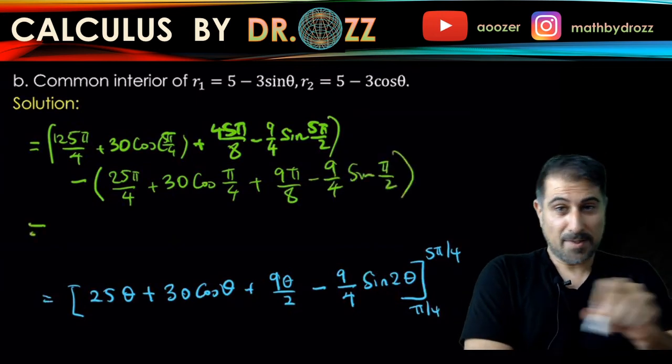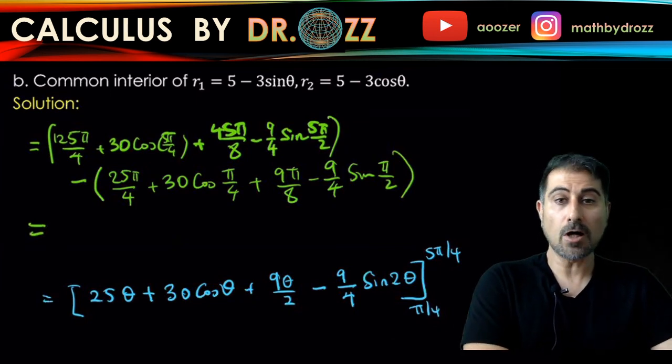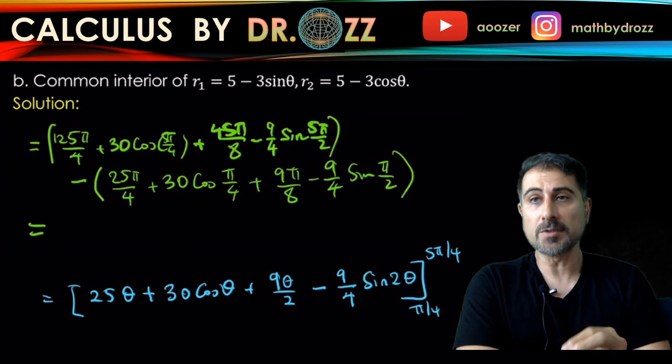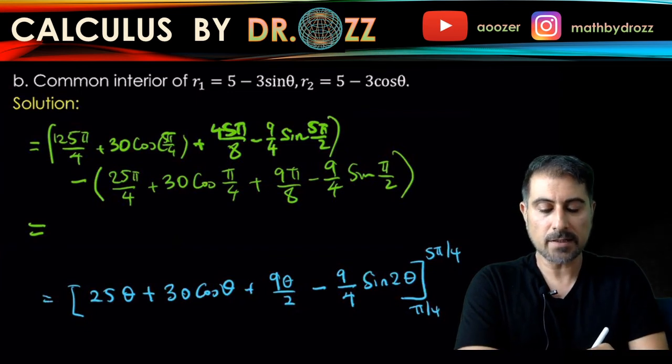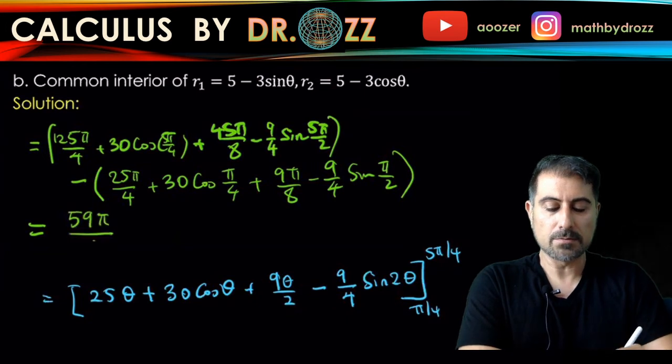All right, I'm going to skip the exact calculation from my end because this video is too long already. I'm going to just write down the result here. So it's 59 pi over 2 minus 30 root 2.